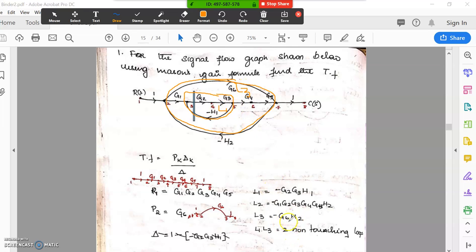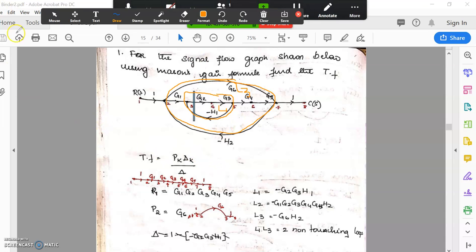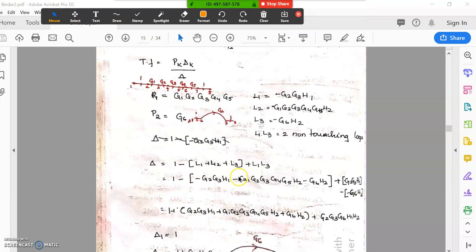So what is the product of these two? Multiply this. That is G2, G3, H1 into G6, H2 will be the product of those. That product will be L1 and L3.